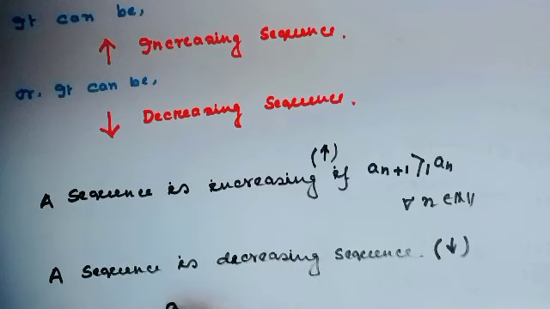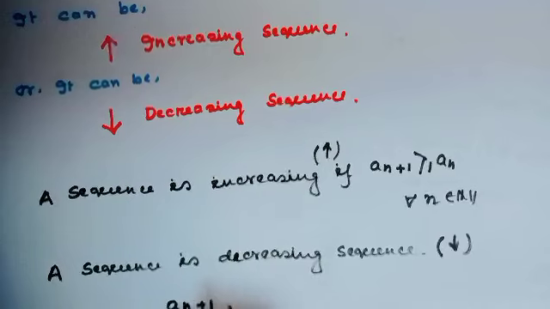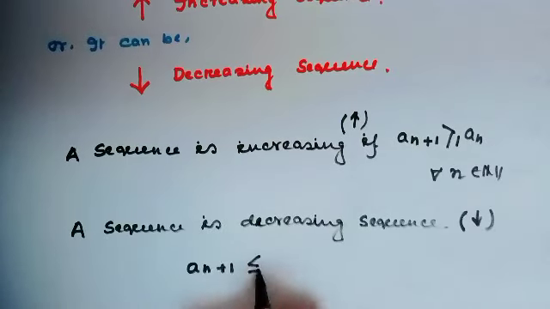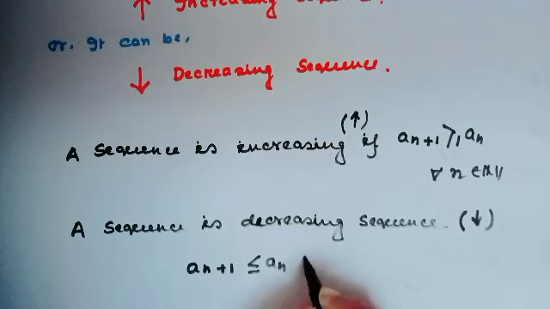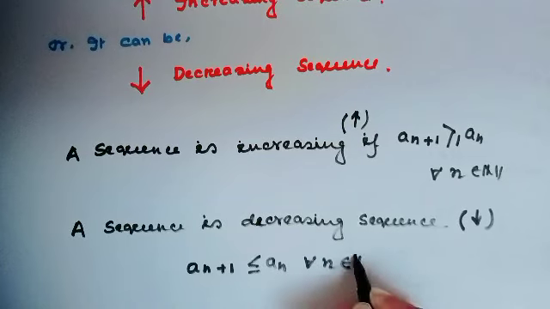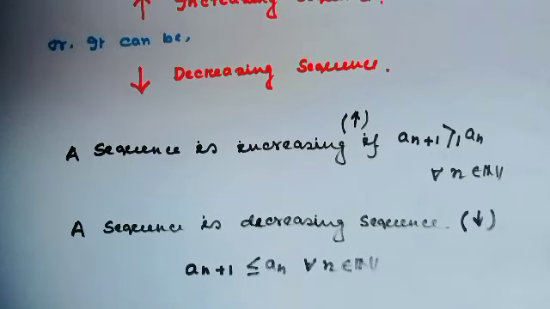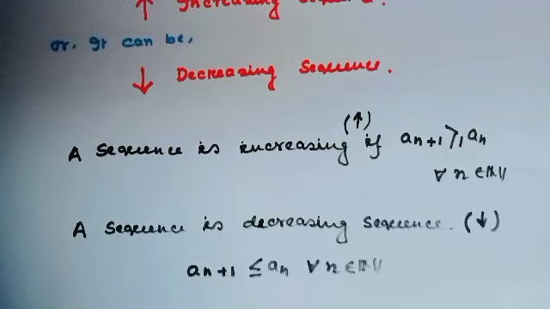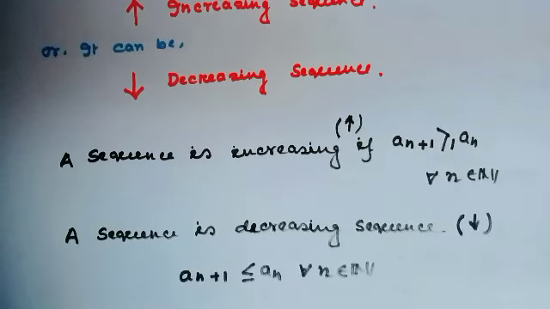That means a_{n+1} less than or equal to a_n for all n belongs to the natural numbers. Okay? This is called a decreasing sequence. Are you getting my point?